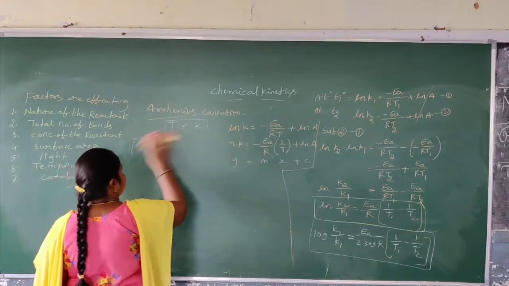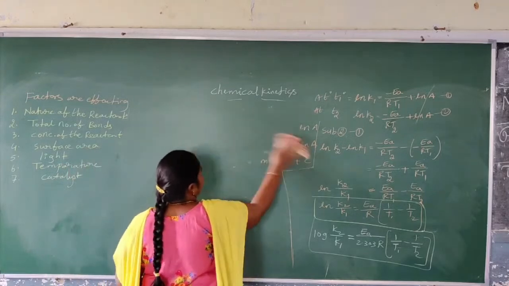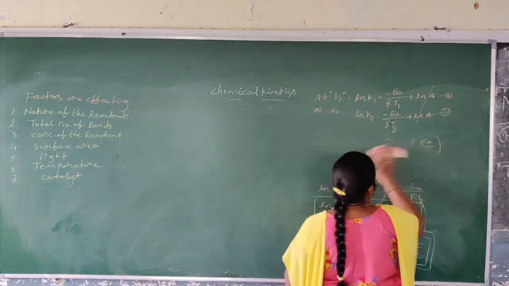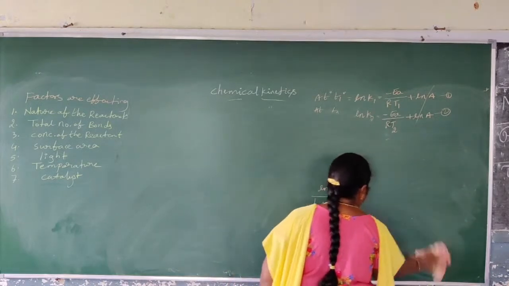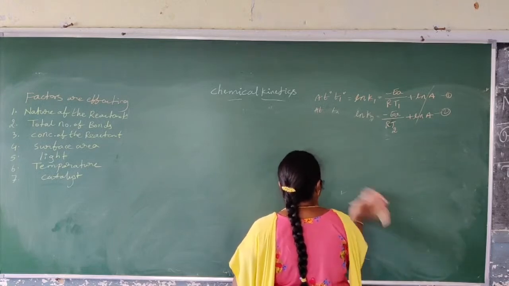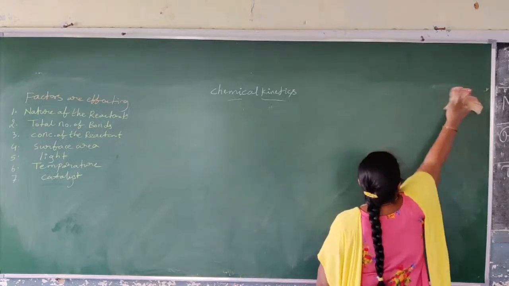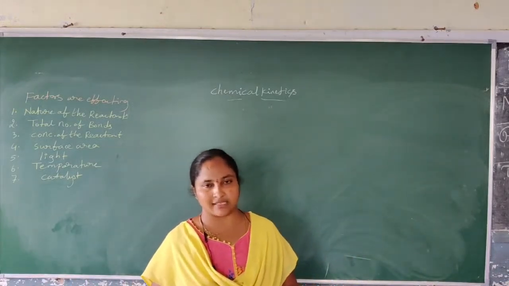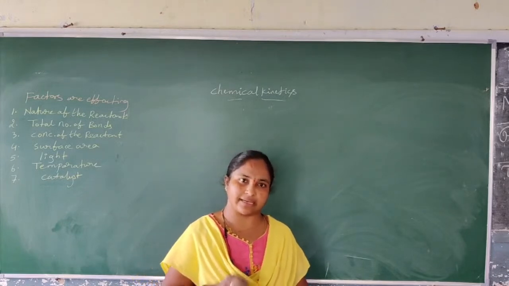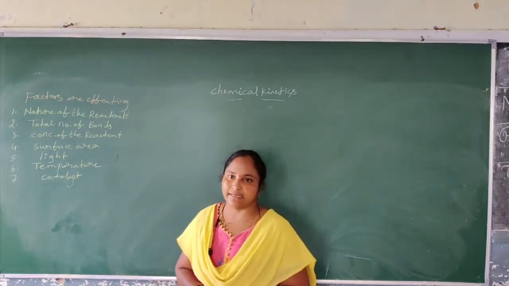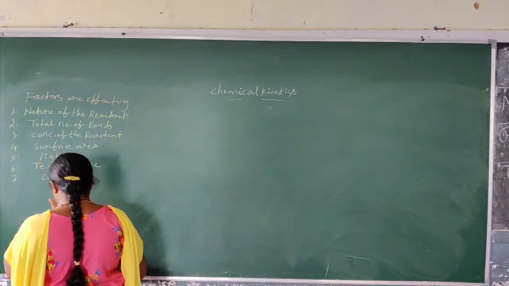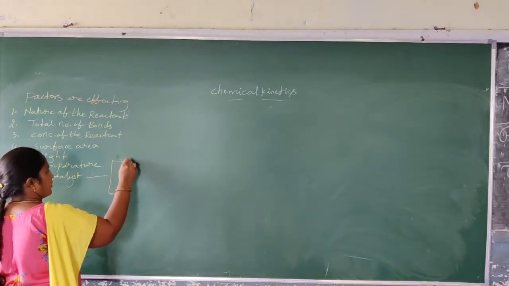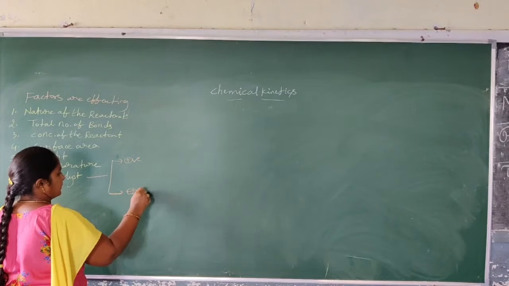A catalyst is a chemical substance which alters the rate of a chemical reaction. It is of two types: positive catalyst and negative catalyst.